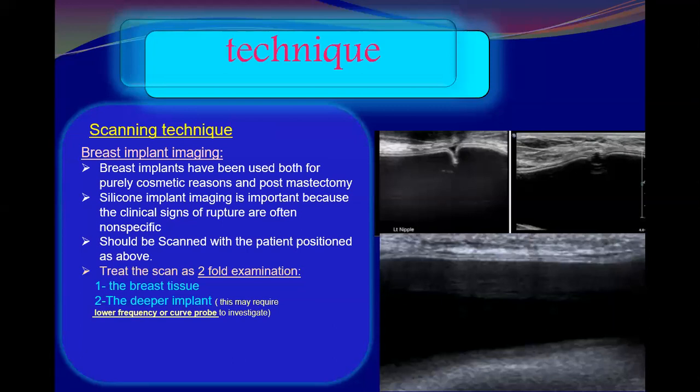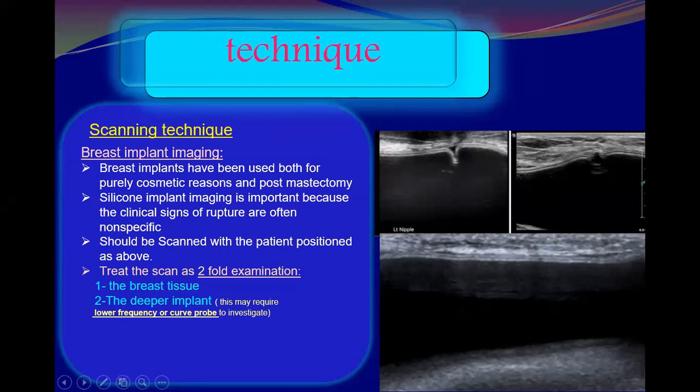You can start with the implant, scan for the implant, looking for its integrity and for any abnormality, its type and any information you can get, and then go and scan for the breast.